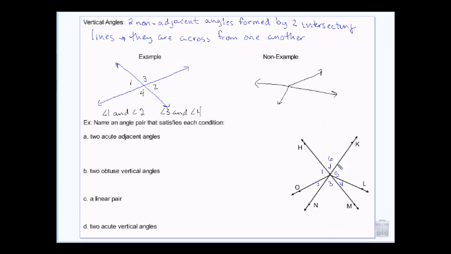All of these 6 angles are less than 90 degrees individually. So I could say angle 1 and angle 2, angle 2 and angle 3, angle 3 and angle 4, angle 4 and angle 5, angle 5 and angle 6, and angle 6 and angle 1.